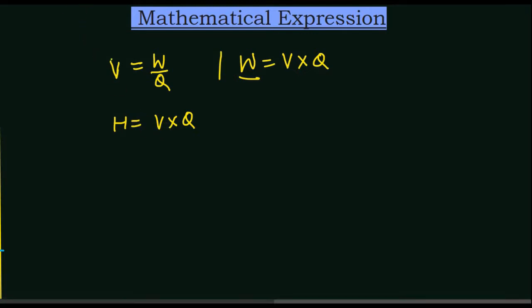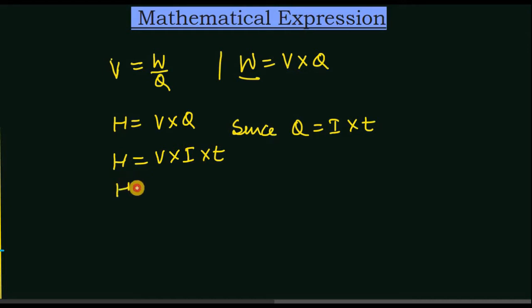Since charge Q equals I into T, replace here H equals V, in place of Q we will write I into T, so we'll have a formula: heat H equals V into I into T. So this is one formula.